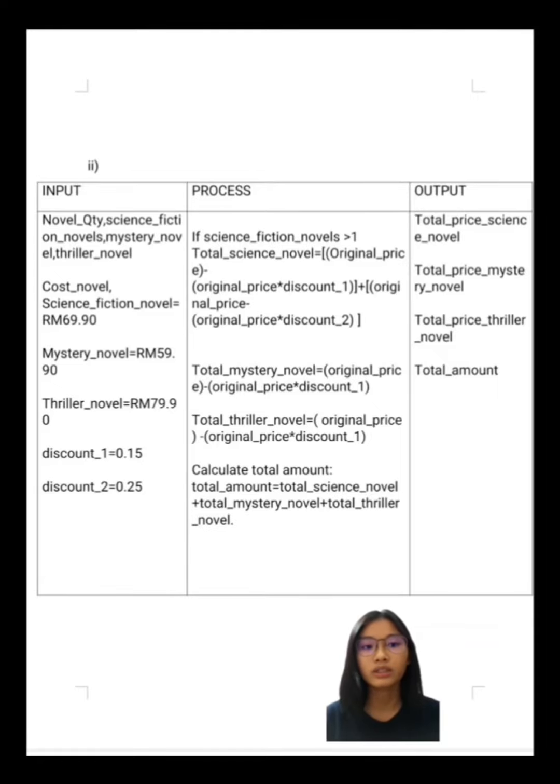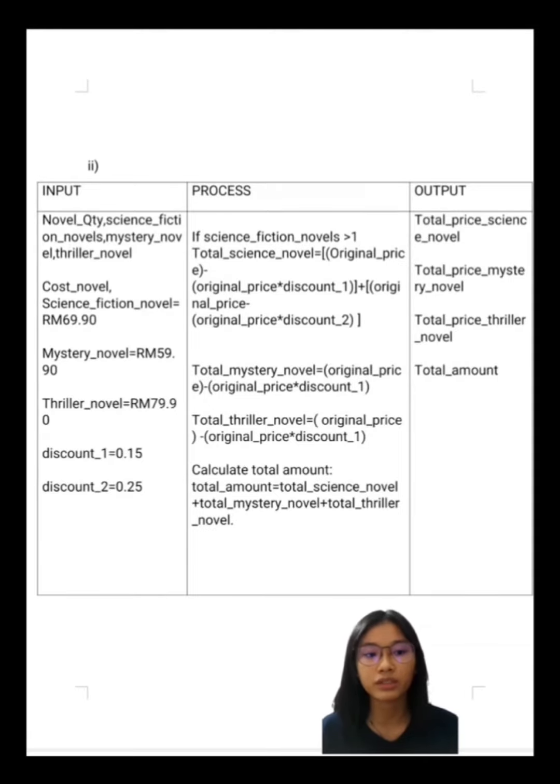To calculate this, we take the original price minus original price times discount 1. And if there is more than one novel, we again take original price minus original price times discount 2 for the second novel. After that, we add the two prices of the novels to get the total price.